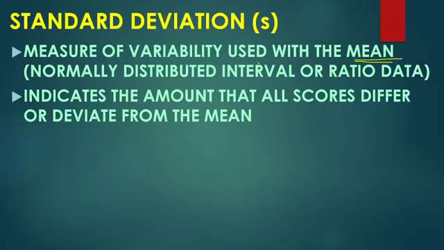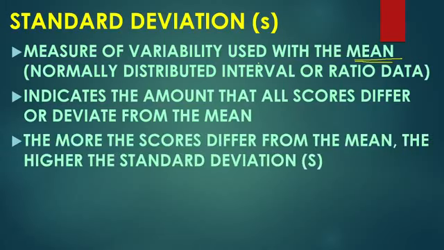Now, the standard deviation indicates the amount that all scores differ or deviate from the mean. Meaning, pila ang gilagyoon unsa kalayo sa score sa mean. Kay atong reference karon sa standard deviation will be the mean. Okay? Now, the more the scores differ from the mean, the higher the standard deviation.